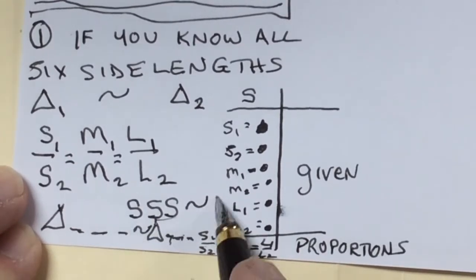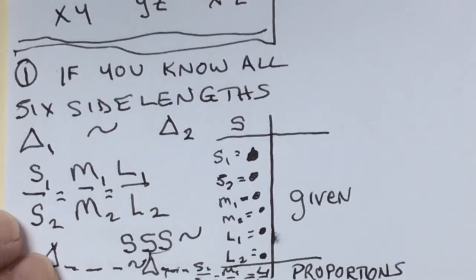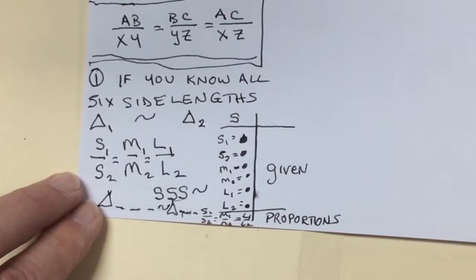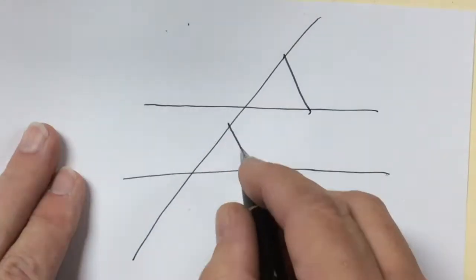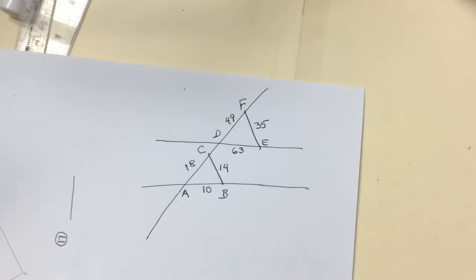You say SSS, and you're done. This is actually just a 3-step proof. What I would like to do is have you do this proof for me. Now I'll tell you right now, those two triangles are similar, and what I would like you to do is write the proof using what I just showed you, and write the similarity statement that demonstrates it.